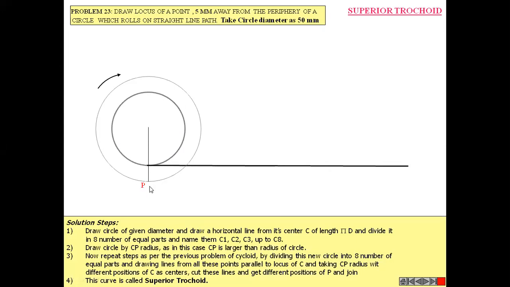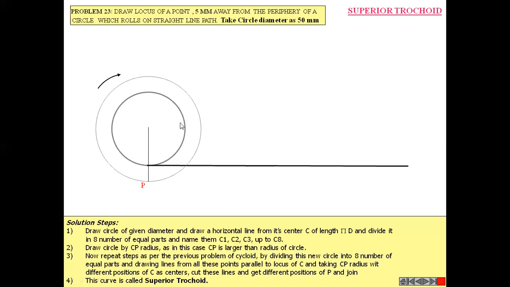Then mark the point P, which is 5 mm away from this periphery, and we will trace the locus of this point. So the procedure remains the same.